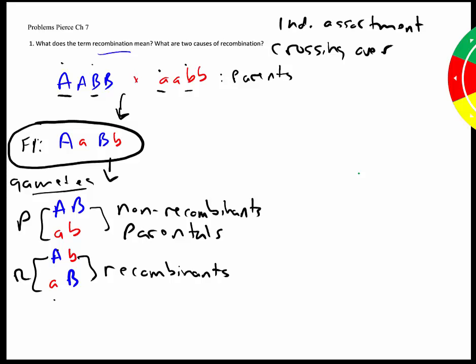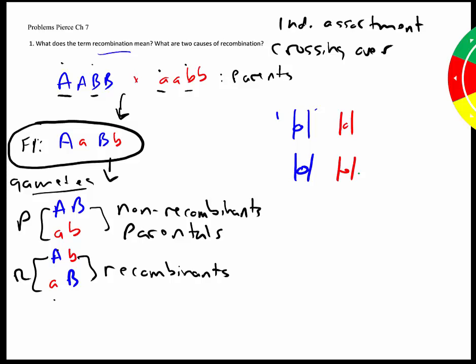So first let's do independent assortment. So in this parent here, we'll have two sets of chromosomes if there's independent assortment, and we'll have two sets of chromosomes from this parent.